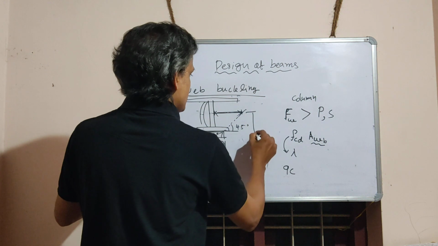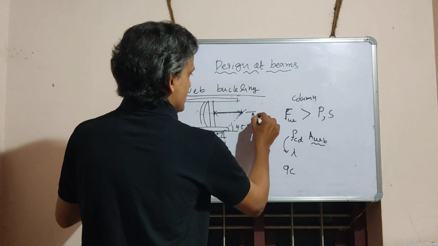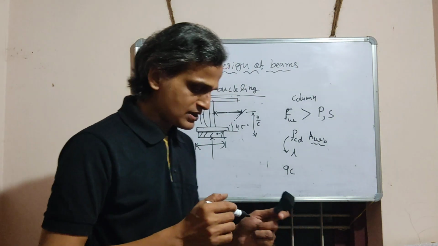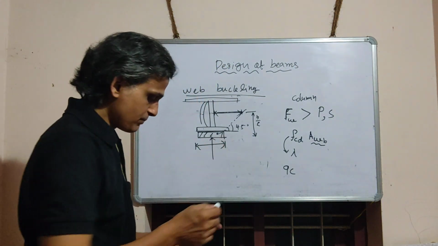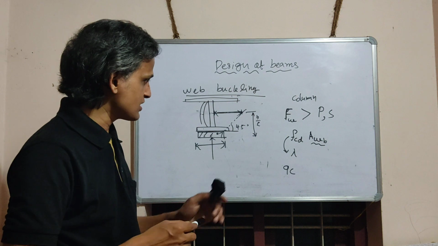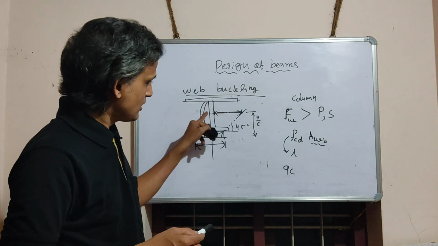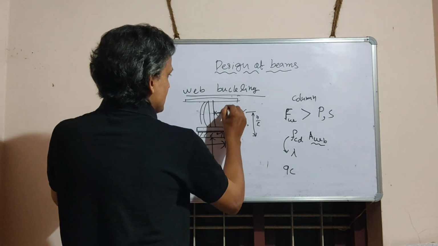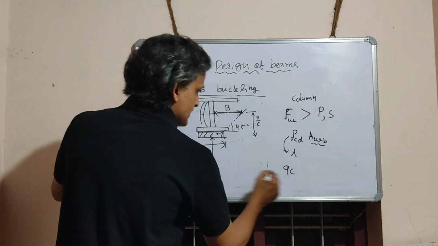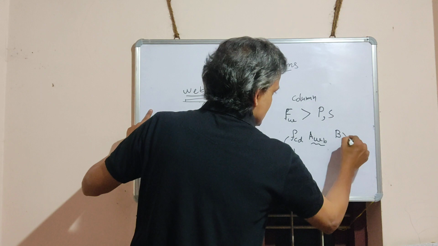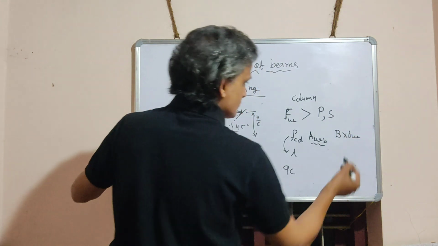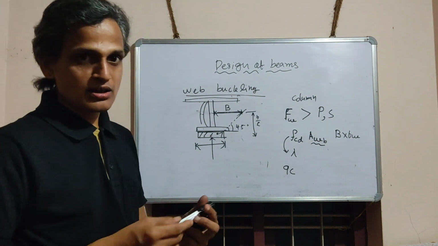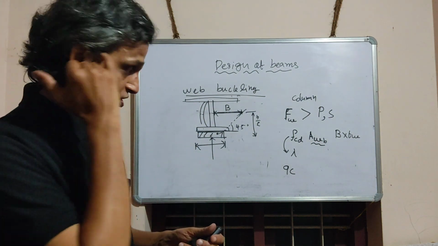This depth is h by 2, where h is the overall depth of the beam. So, once we know the bearing plate dimension, we can easily calculate this bearing width. Let it be a capital B. Then that capital B into thickness of web gives this AWB. So, you can easily find the buckling stress.